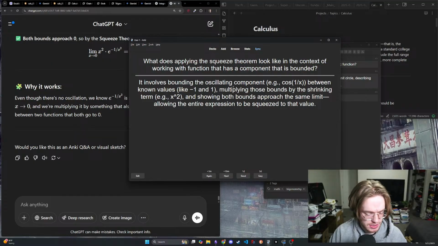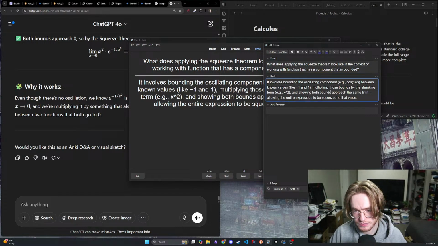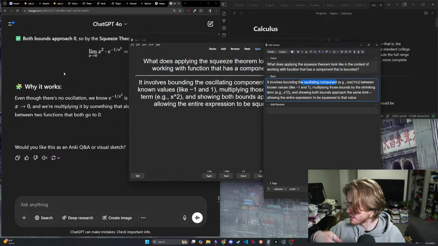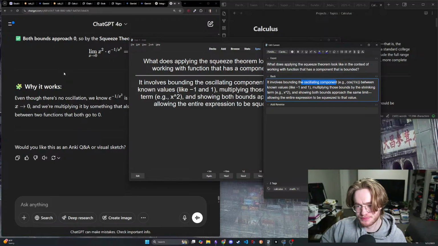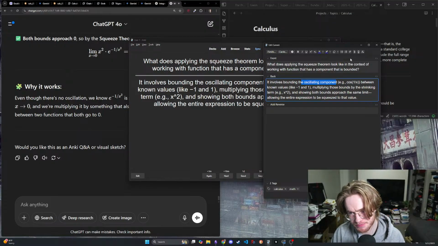So this is slightly wrong, because the example we received just barely shows where we can have a function that is not oscillating but is still bounded.